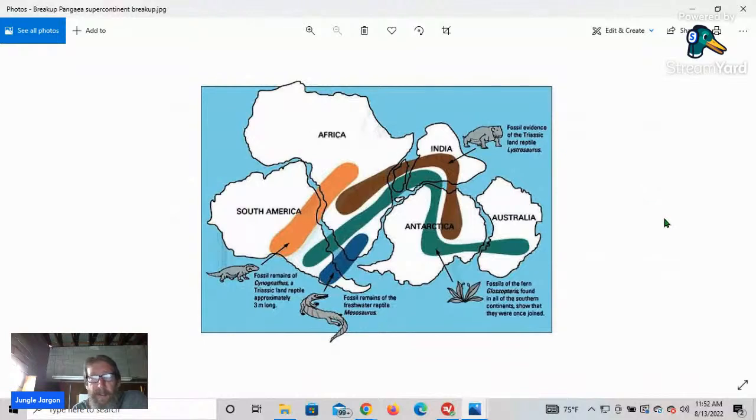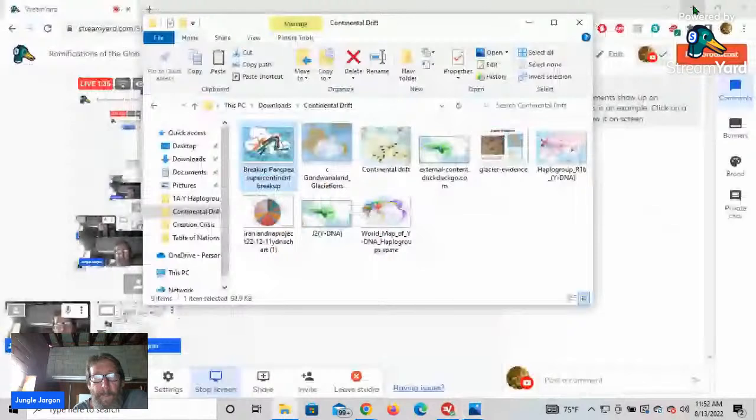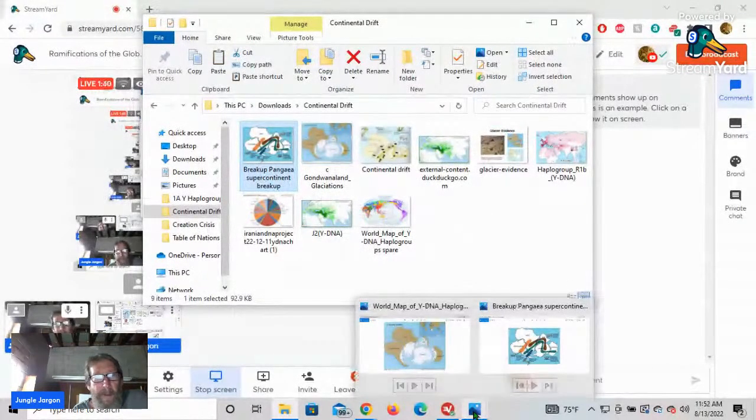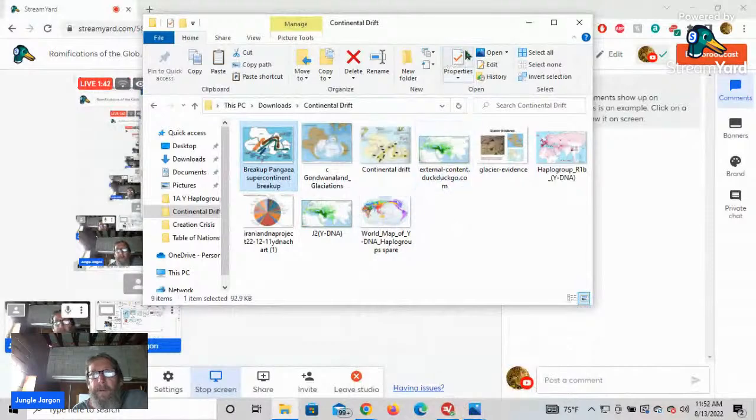The sediments line up too. And of course, if that's the case, then the breakup had to have been after the sediments were deposited by the global flood. I mean, it's just common sense progression. It's really not too complicated, right?